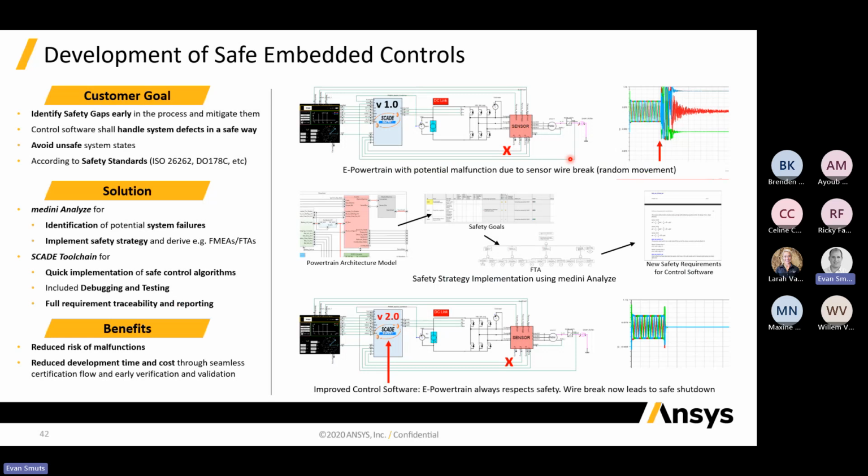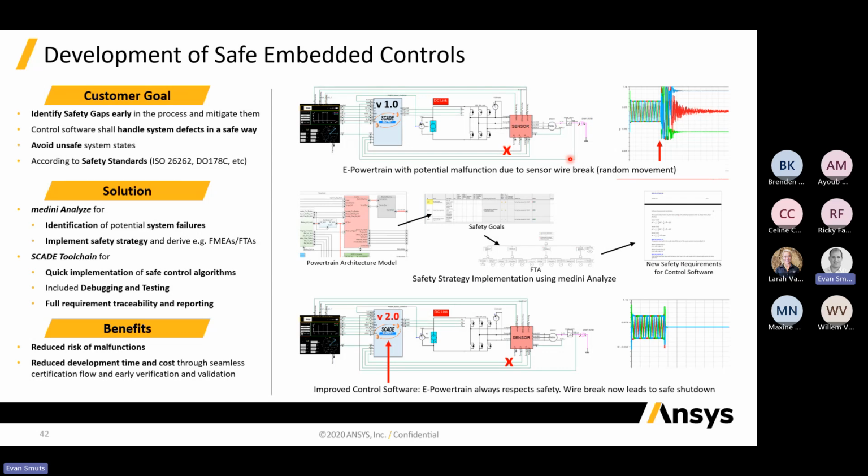Okay, and this is what we have a product called Ansys Scade for, which has the ability to generate qualified code, which is based on the system architecture of our model. And this code is generated automatically. Because it's generated automatically, it's certified for various standards.